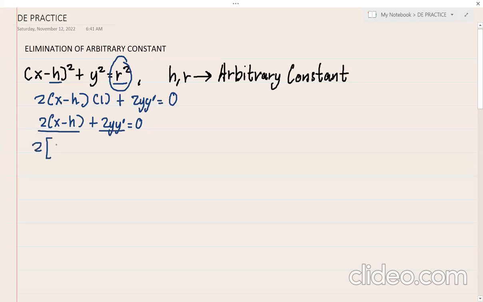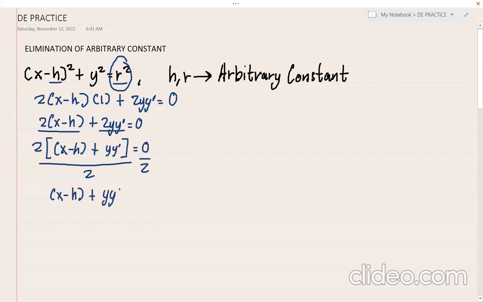So we will have 2 times quantity x minus h plus y y prime. Okay? Then, pwede ko tanggalin si 2 rito by dividing both sides by 2. So we will have quantity x minus h plus y y prime is equal to 0. Ayan.